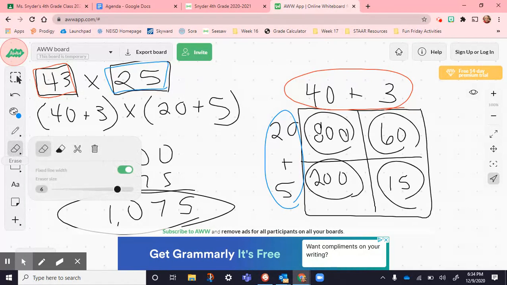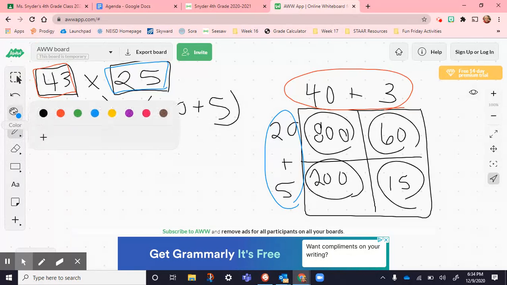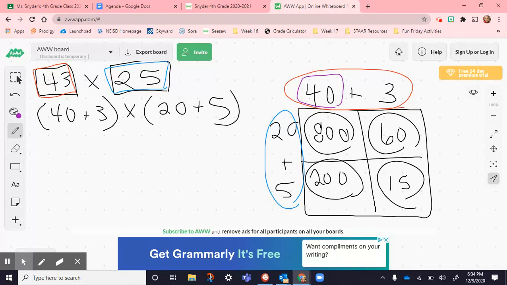And what you're doing is, this is still what we talked about with the distributive property. It's just taking that distributive property and representing it in this box, but it's the same thing. So if you look here, when you take 40, we multiplied 20 by 40, and we multiplied 40 and 5.